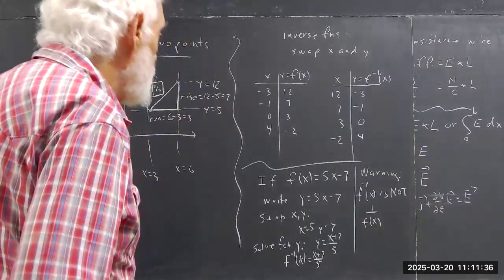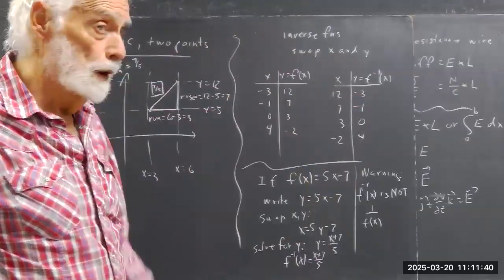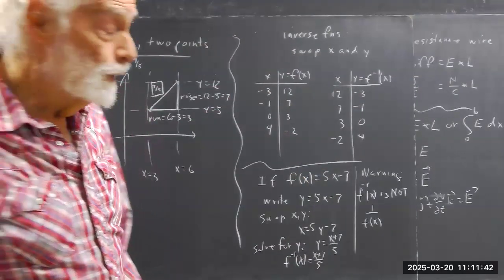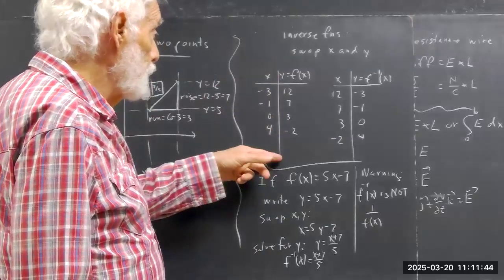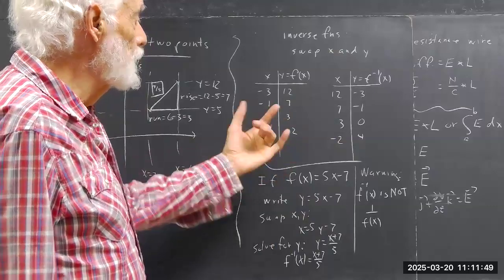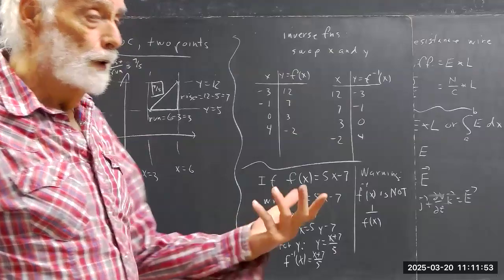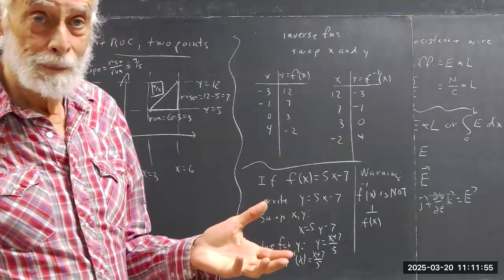Another thing, inverse functions: you swap x and y. It means if you have your table for your function, your table for your inverse function will have the same numbers, but in opposite columns. And then you can graph your inverse function.